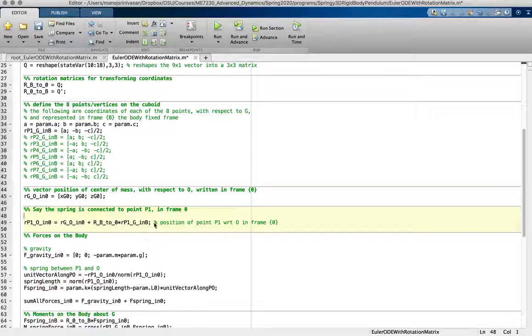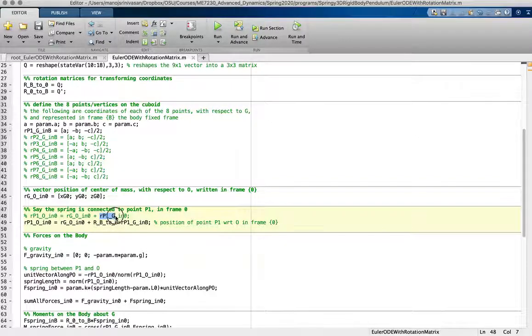If you want to write this and comment it out, I would write this as an intermediate step. Rp1 with respect to O in frame 0 is Rg with respect to O in frame 0 plus Rp1 with respect to G in frame 0.